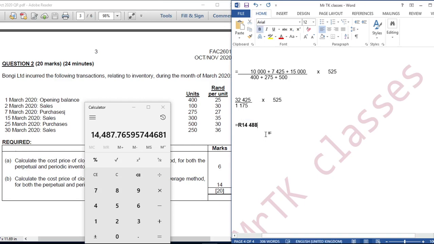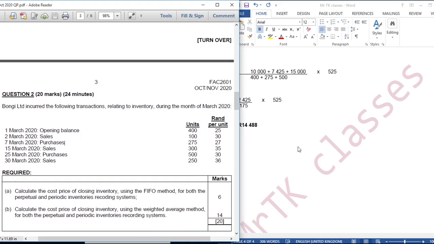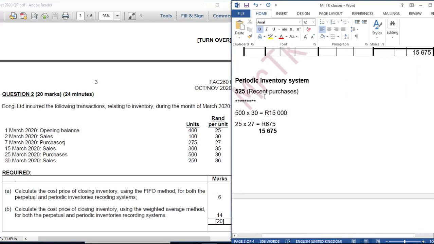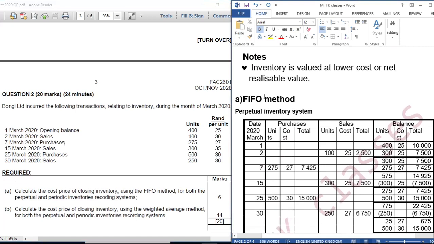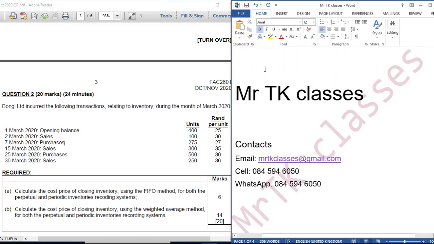Okay, so this is how we use these two methods when you are calculating closing inventory. So this is part B and this is part A. Thank you. We meet in the next lecture.